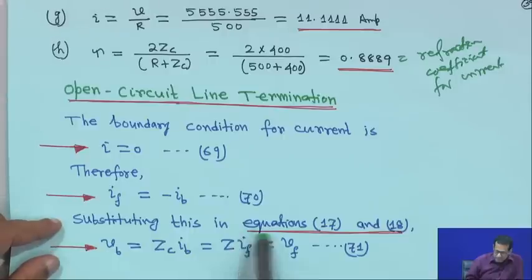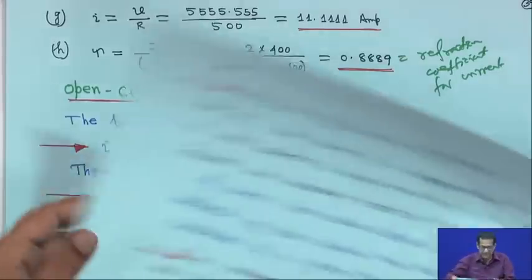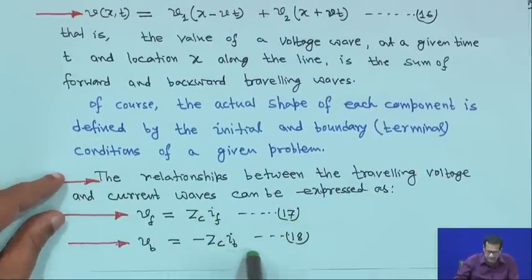So, if you substitute this condition in equations 17 and 18, this is your equation 17, that is Vf is equal to Zc into If and Vb is equal to minus Zc into Ib.